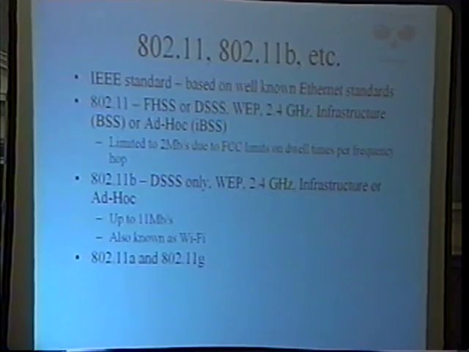The original 802.11 specification had frequency hopping and direct sequence for the modulation for the signals. It also had IR, which really never got deployed. You could sit in your little Dilbert cubicle and put your IR 802.11 radio up there and bounce IR signals off your ceiling tiles in your office and transmit data at 2 megabits and just a shade where you couldn't see it. It never caught on.